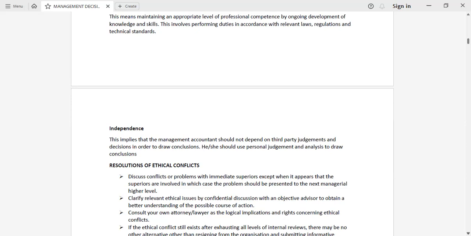So as a management accountant, the only thing you can do is listen to what others are giving you, these people's advice, and that will be allowed. It will not be that they are influencing or compromising your independence. You listen to what they are saying or what their decisions are.